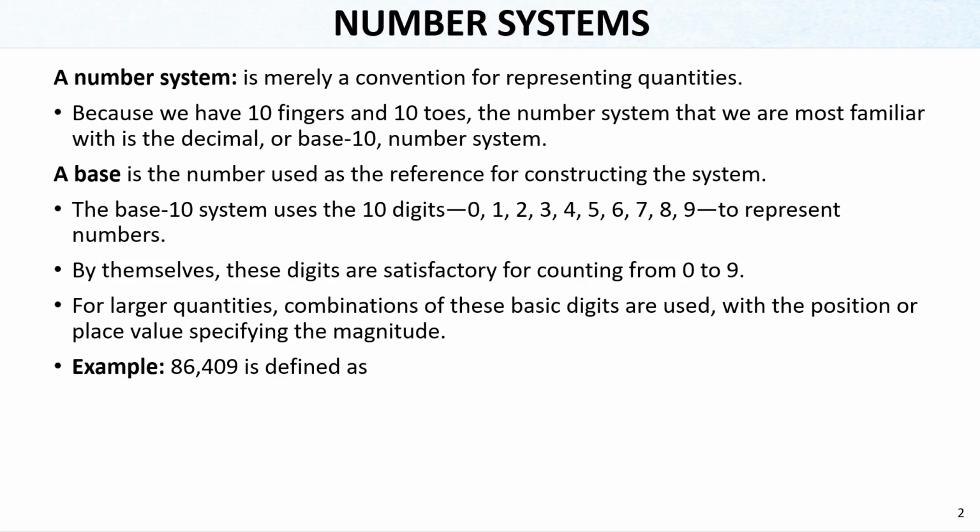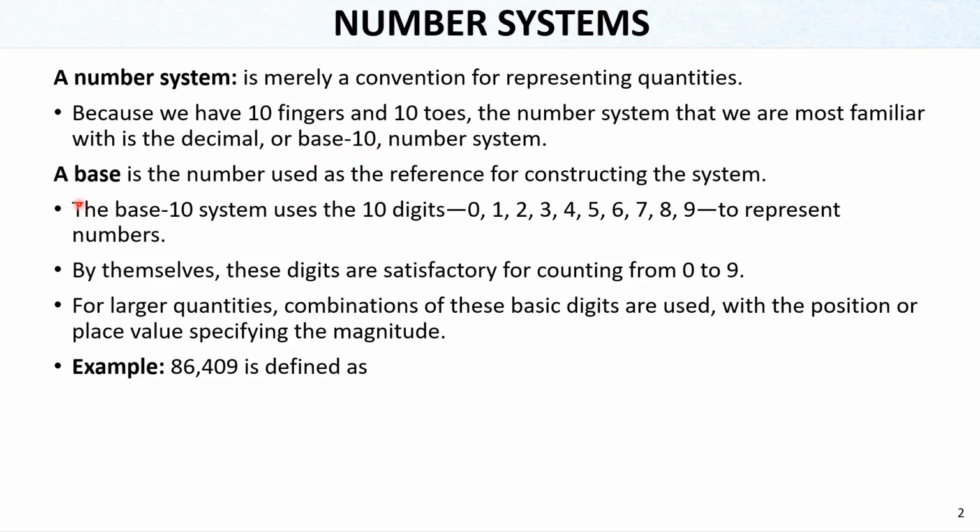Let's start with the number systems. A number system is only a convention for representing quantities. As human beings, because we have 10 fingers and 10 toes, the number system that we are most familiar with is the decimal or base 10 system, because all the numbers we speak, write, and use in calculations are in base 10.